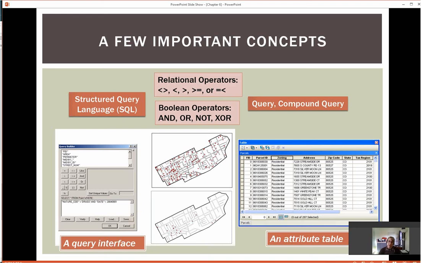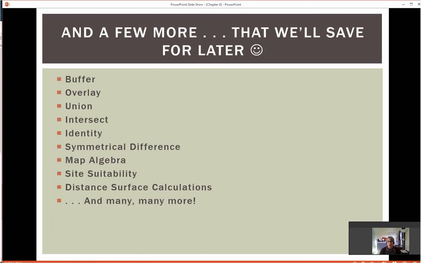And if you enjoy doing this, you can actually achieve quite a bit and go really far and do some very interesting things with GIS. As I was saying, you can go much farther. These are some of the ideas that we will not explore in this class, although I think I might go over a few of them with you just because they're good to know.